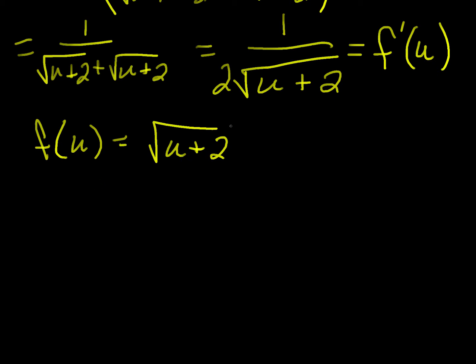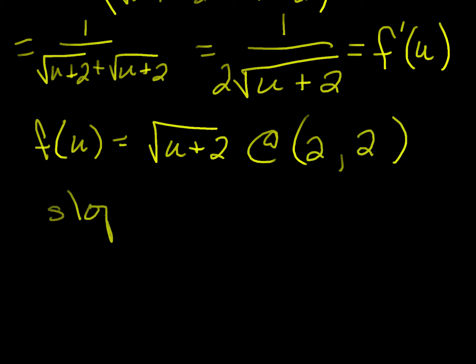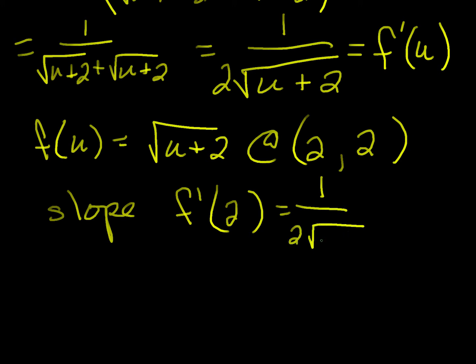So I don't know, at the point 2, the slope is given by f prime of 2, which is 1 over 2 times the square root of 2 plus 2, which would be 1/4. So at this particular point, we didn't have to go through all the work again because we did it abstractly. And so now we can figure out the slope at any point.